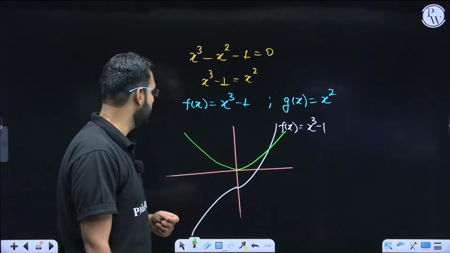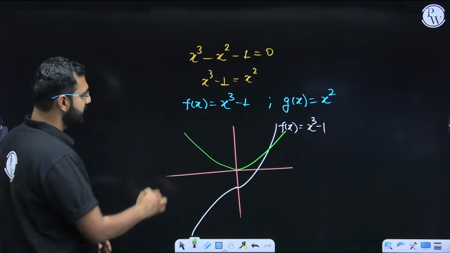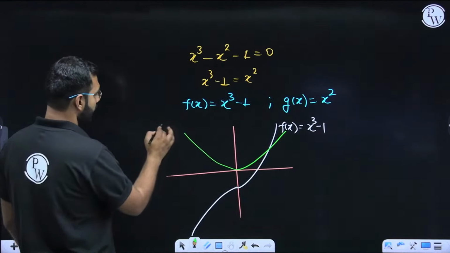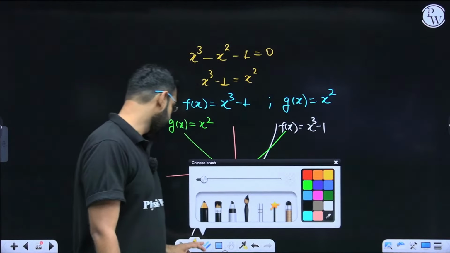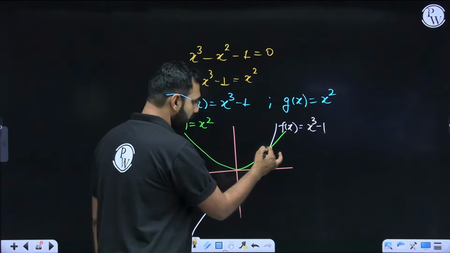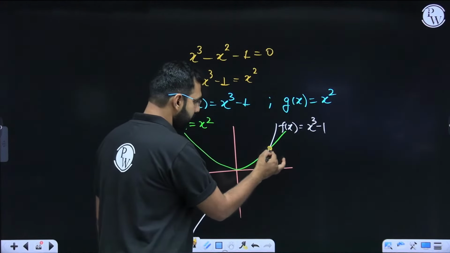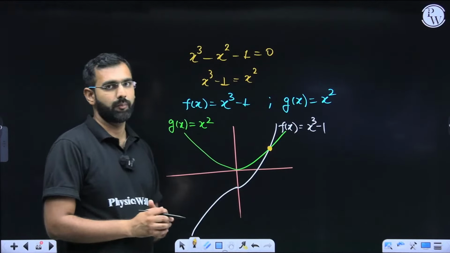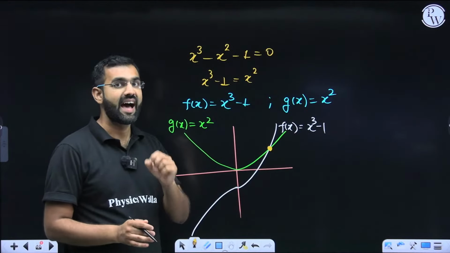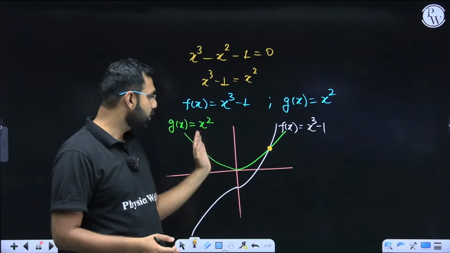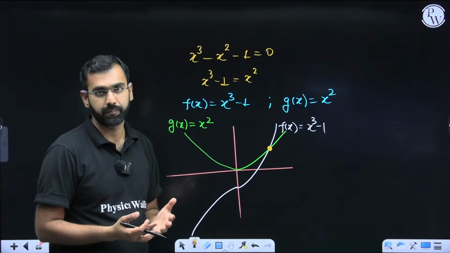Be more specific. Now here, this is the graph of g of x, which is x square. So when I drew these two graphs, I clearly saw that these two graphs are intersecting at one point. I am not interested in that point as of now, but what I'm interested in is that they are intersecting at one point, which means f of x and g of x have a common point where both of them become equal.